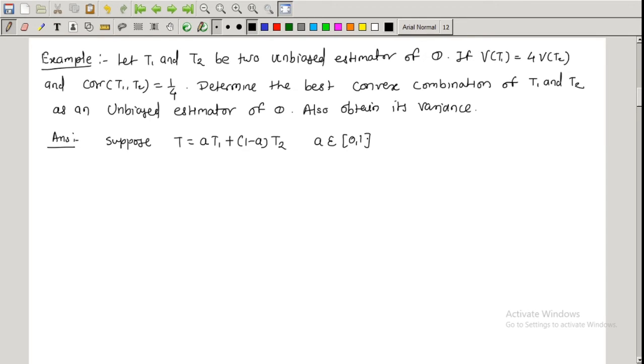Then we take variance of T1 as sigma 1 square and variance of T2 as sigma 2 square, and the relation is given, that is sigma 1 square is equal to 4 into sigma 2 square. So we take sigma 2 square as sigma square.